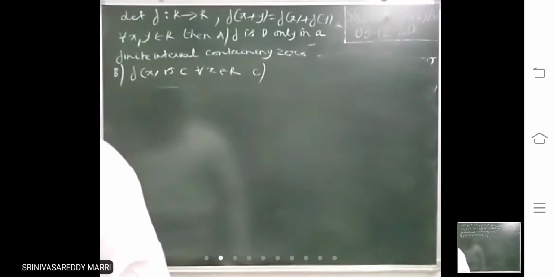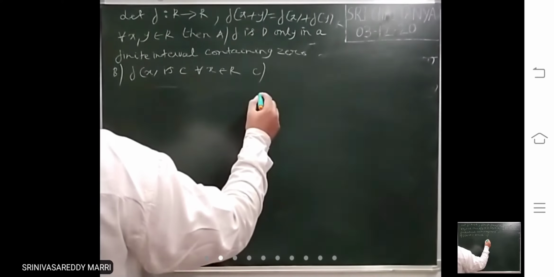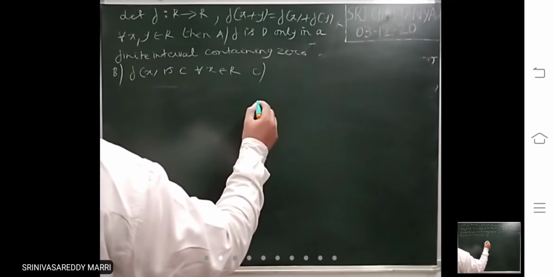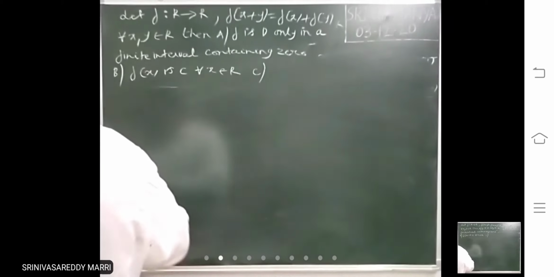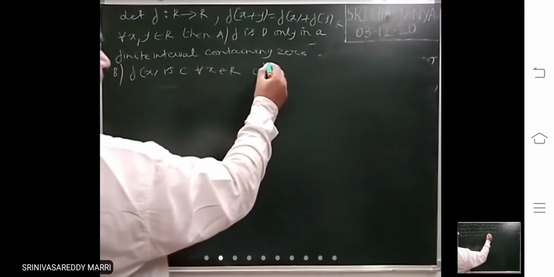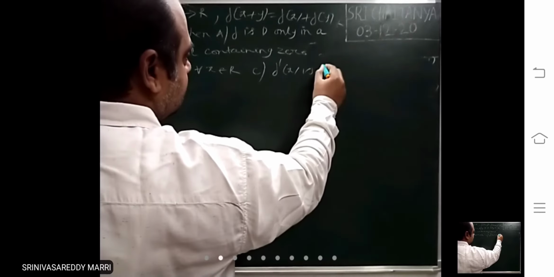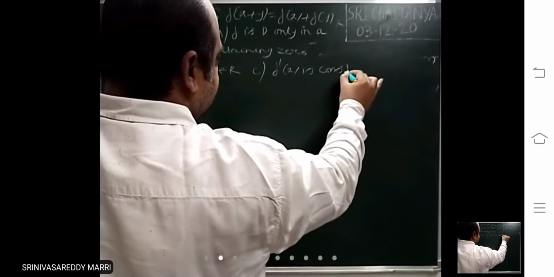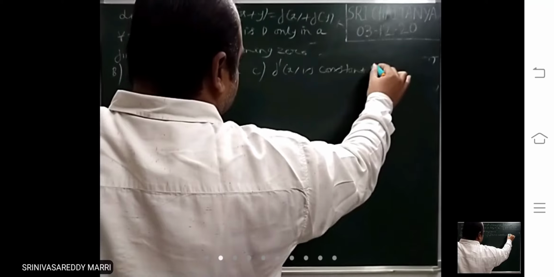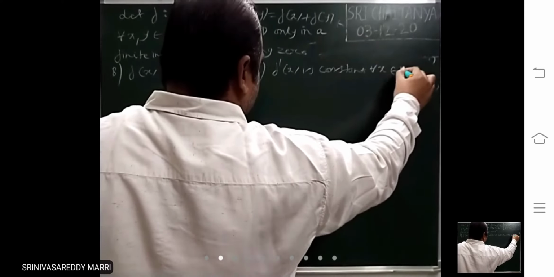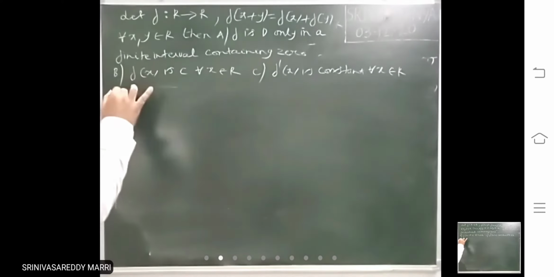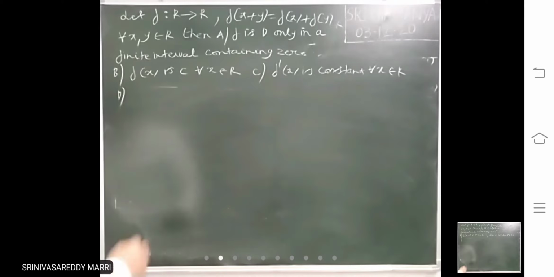Third option, f dash x is constant for all x belongs to R. Multiple correct answers.